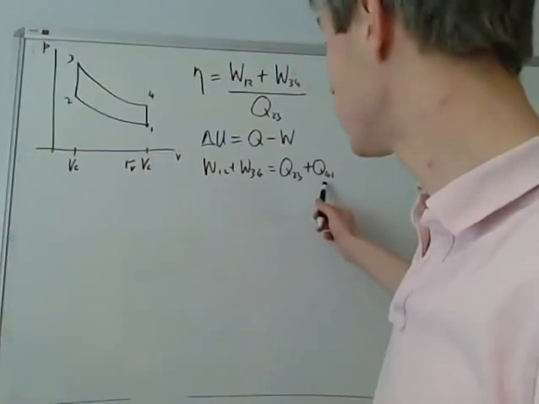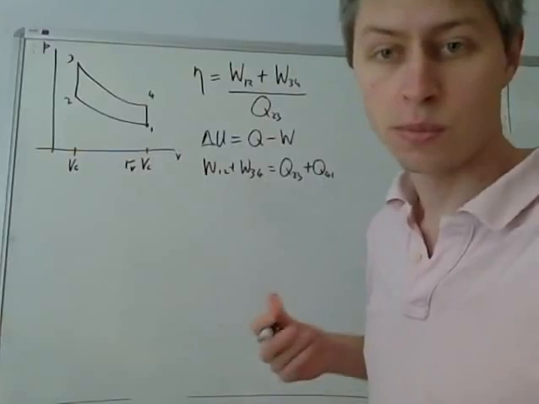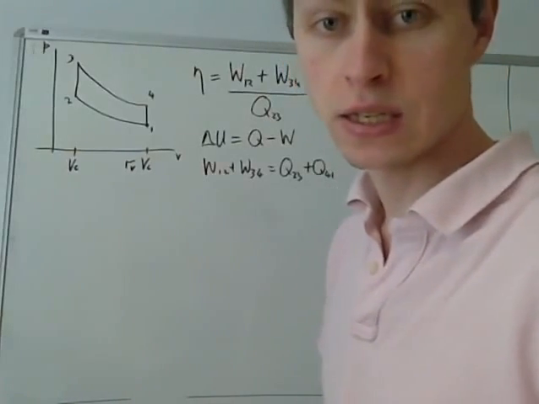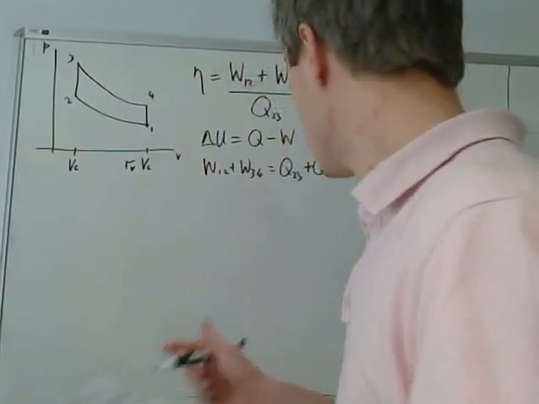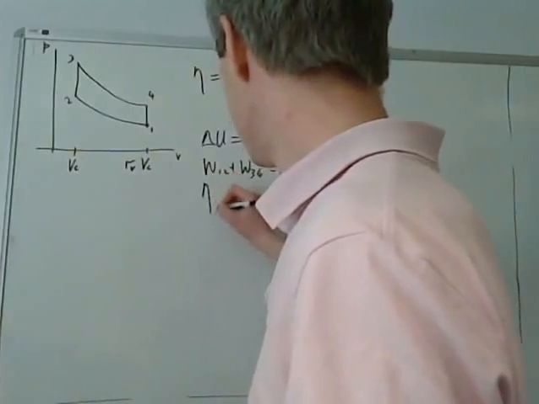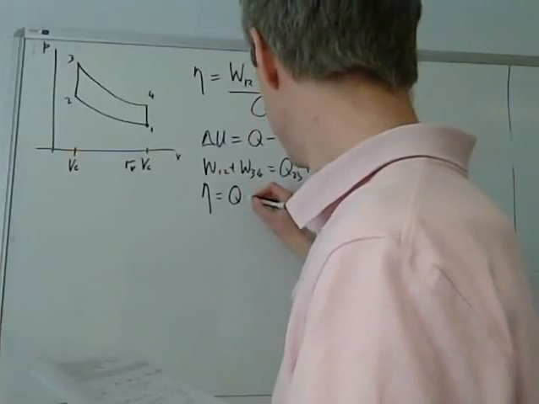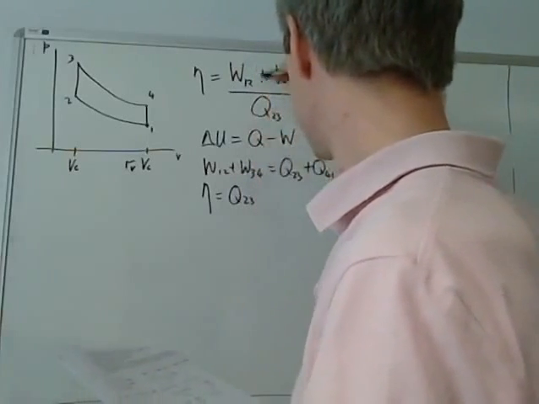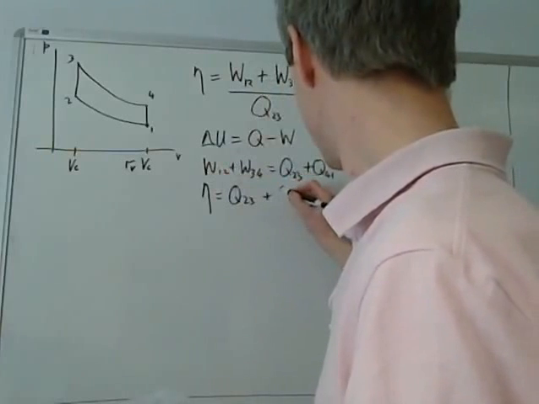Q41 will actually be negative because it's heat rejection. W12 will be negative because we're putting work into the system to compress it. And using that, we can write that the efficiency is going to be Q23. So we replace these two works with these two heats.